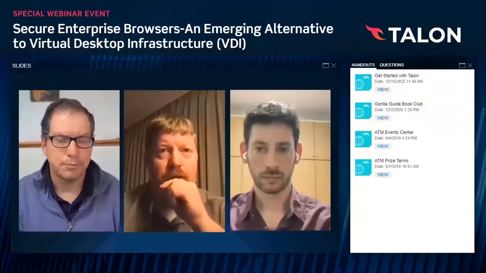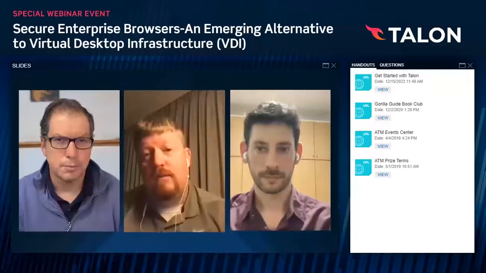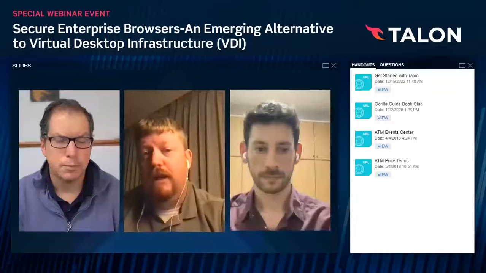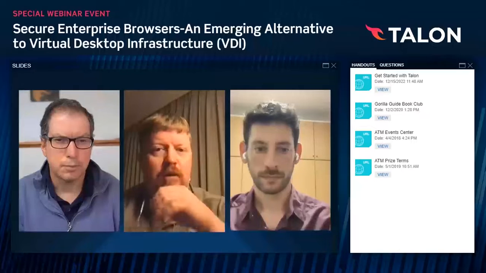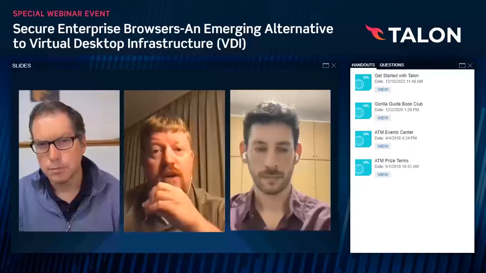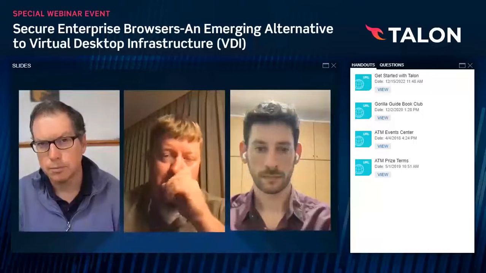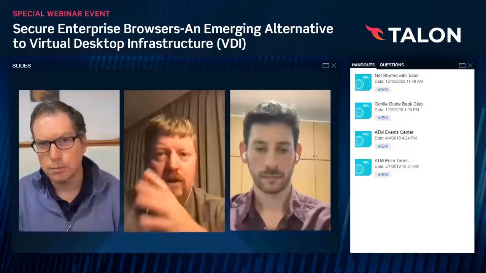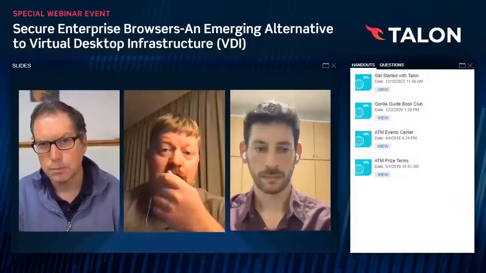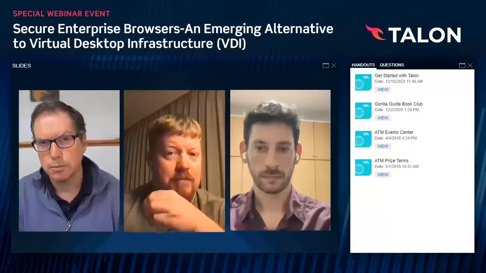So if you're evaluating whether an enterprise secure browser could be something you want to look at, I would look at what you have published right now in your current VDI deployment, what people are accessing, whether that's a published application or within the operating system, Windows or Linux, and look at how many web applications there are. Look at that content firewall and see how many websites they're using.